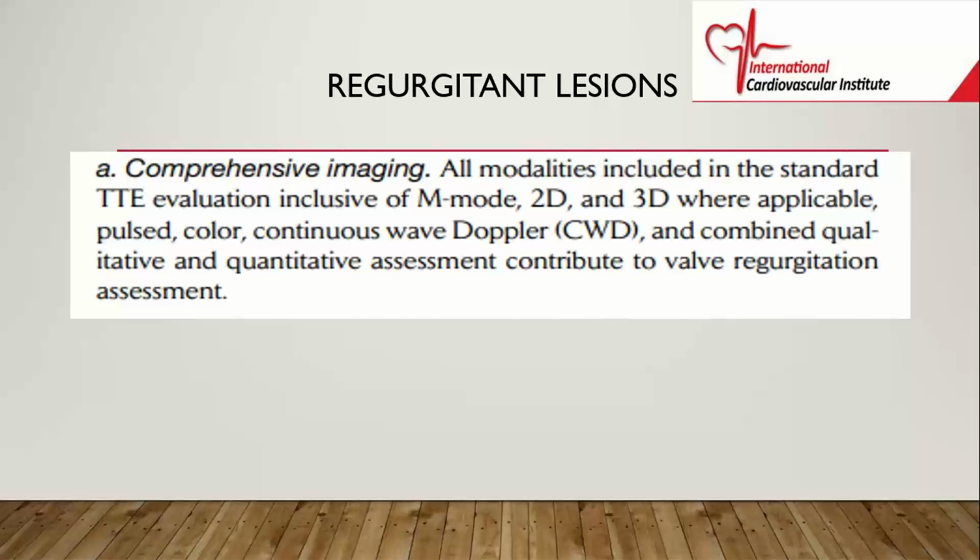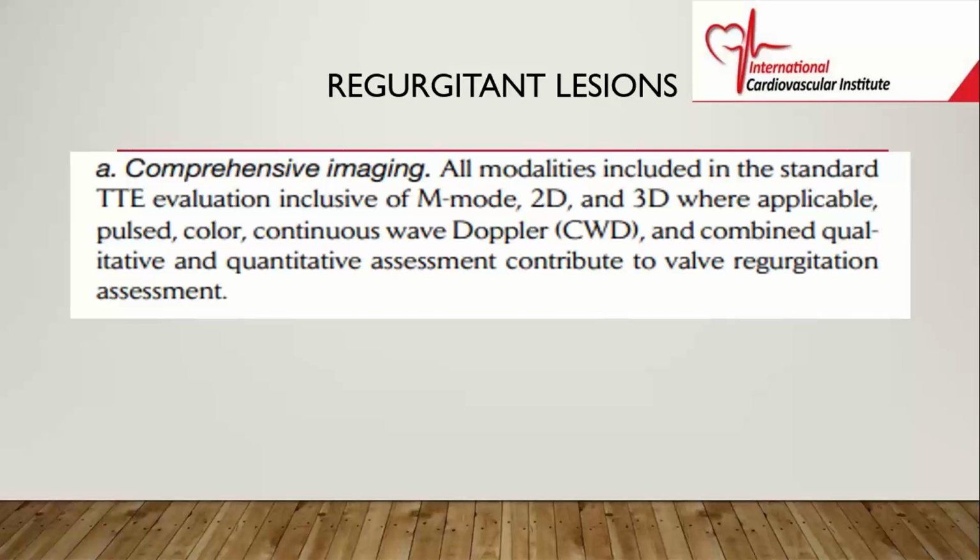The color M mode can show you that. So we should incorporate our M mode in evaluating these patients. And of course, your two-dimensional echo, and if you have access to three-dimensional echo, then use it.